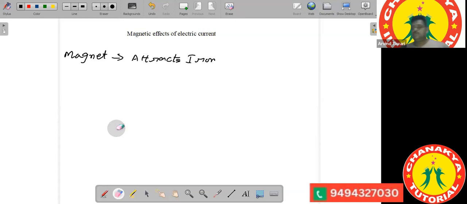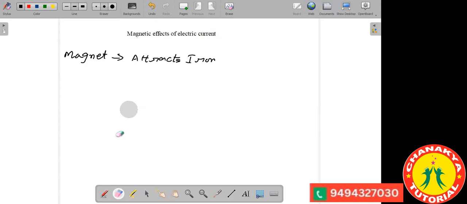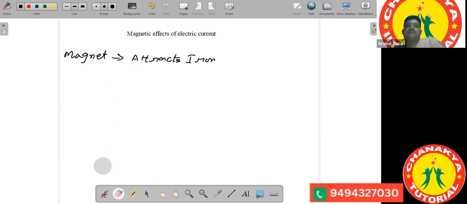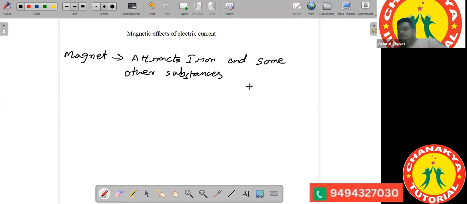Okay, fine. Yes, sir. So let's see, magnet. A magnet attracts iron and some other substances. So what are those other substances? Can you name some other substances which are attracted by the magnet?